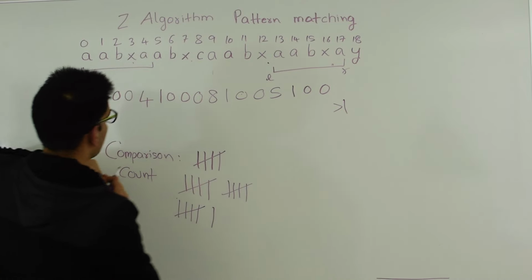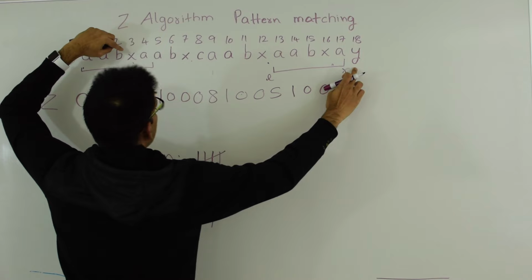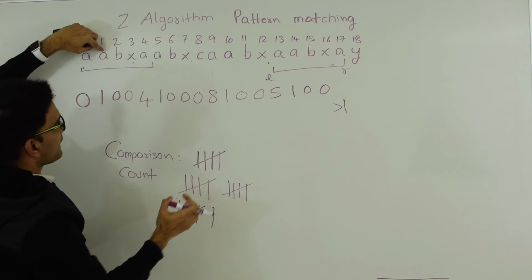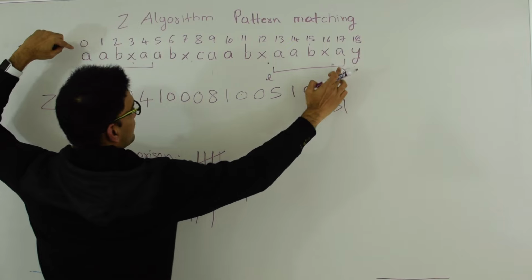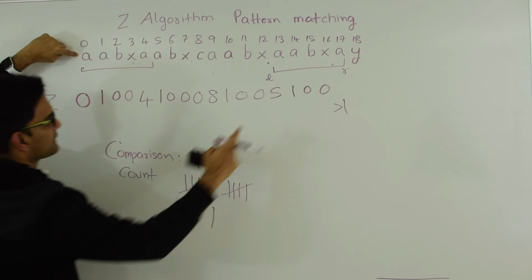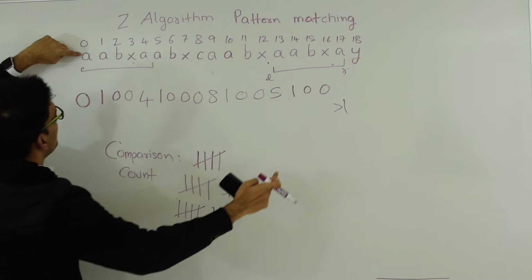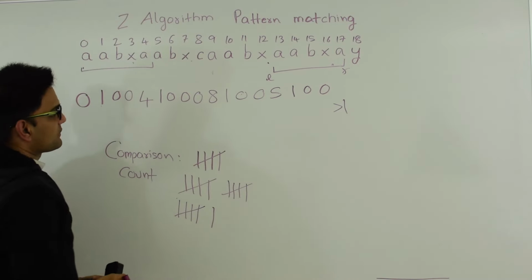So at this point, I'm going to compare my Y with my second character. I know that there is at least a substring of length 1 here, which is also the prefix. So this A and this A we have already matched, and now we're going to try to match this A with this Y, and that is not same.